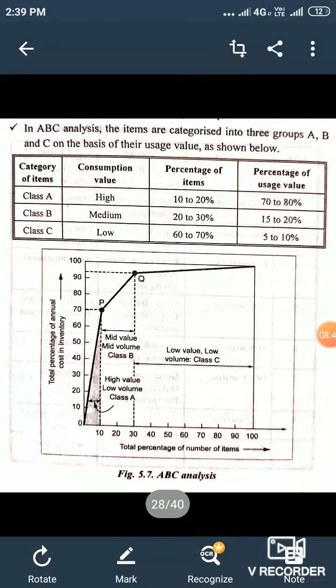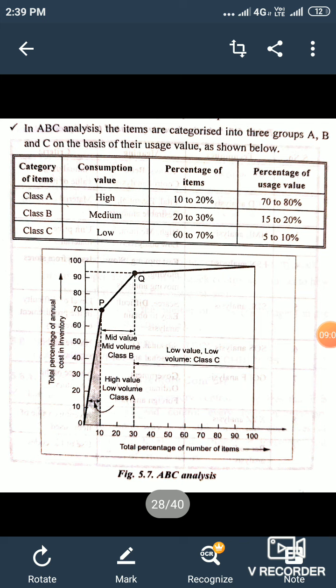Here we can see that the inventories are classified in the table into class A, class B, class C. In class A, we can see that these are high valued items but few in number.